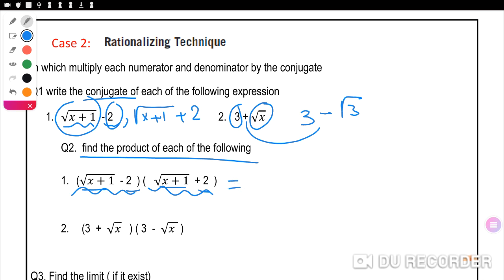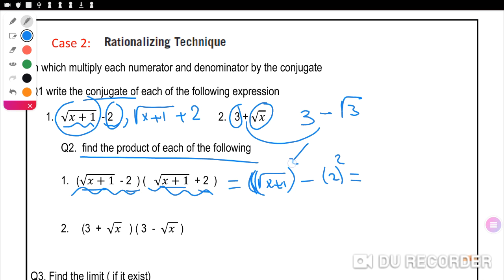What is the product of any expression and its conjugate? Squaring the first one, minus squaring the second one. Understand or no? Squaring of the first one, squaring of the second one.